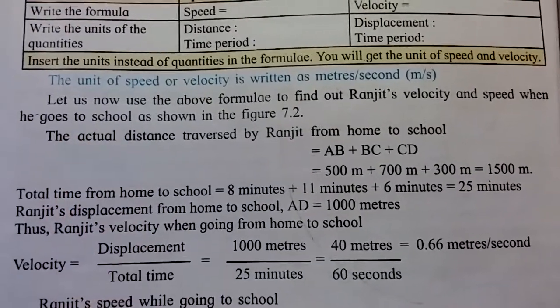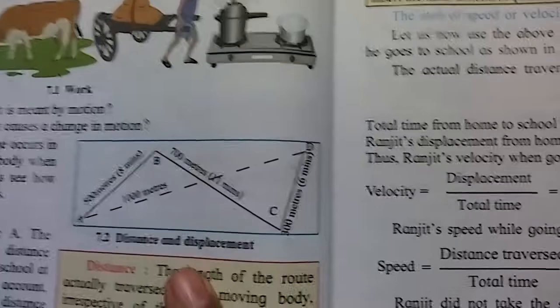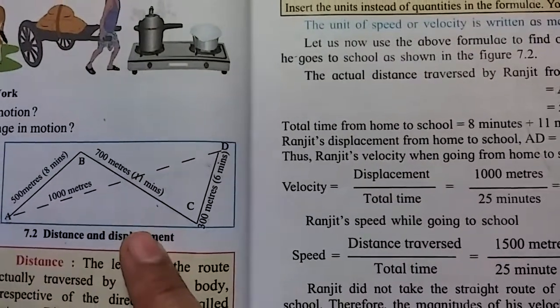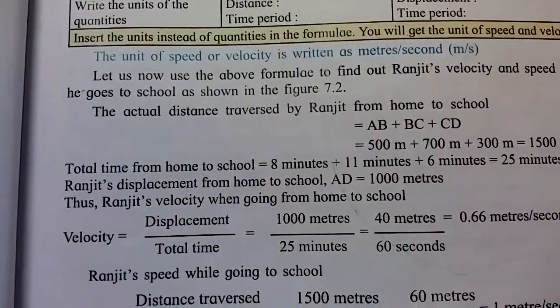Let us now use the above formulas to find Ranjit's velocity and speed when he goes to school as shown in figure 7.2. In the previous video we have already discussed this figure. What is the actual distance traveled by Ranjit from the house to school?